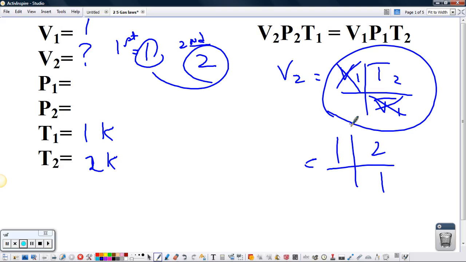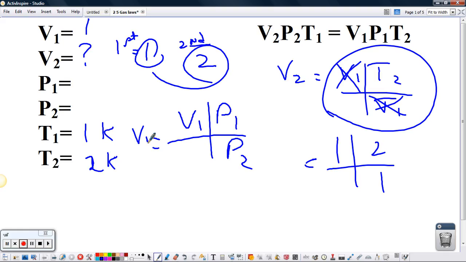Now you have to be careful, because if you're looking at something like V1, P1, P2, and I'm doubling the pressure, then V2 is equal to 1 over P2, because it's on the bottom.